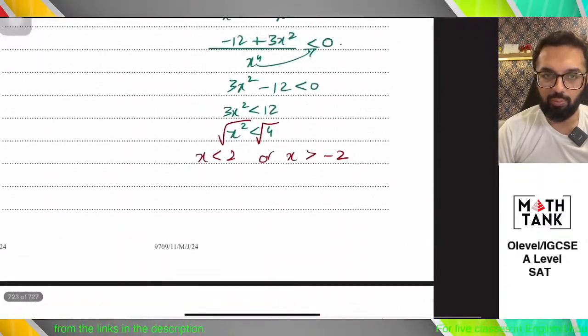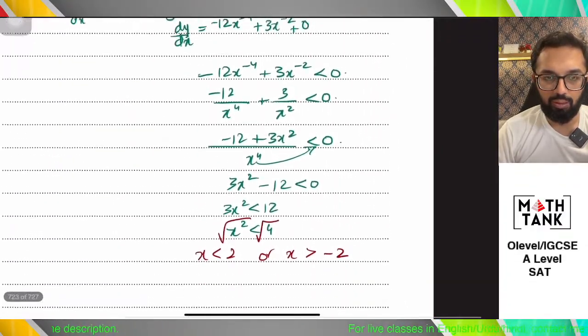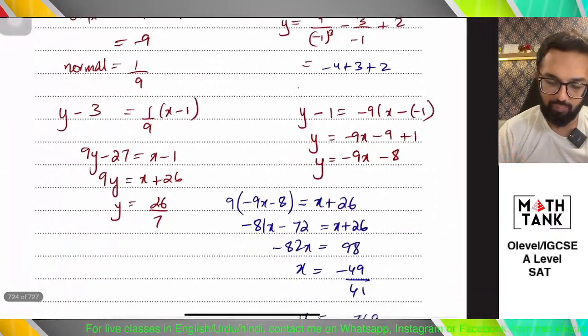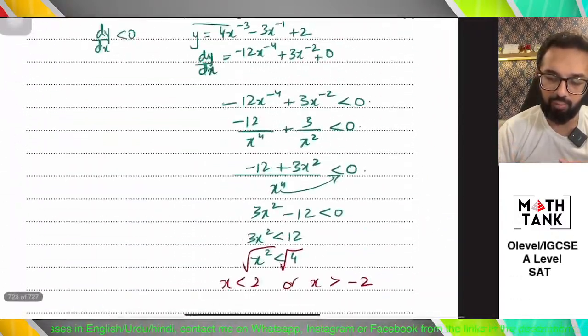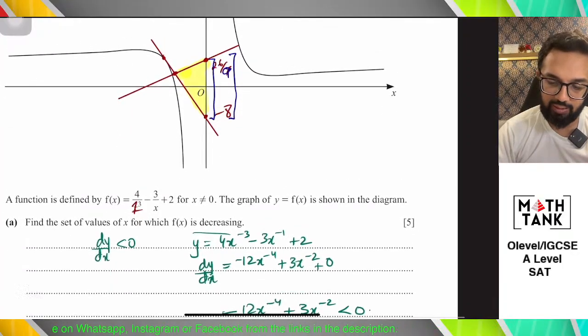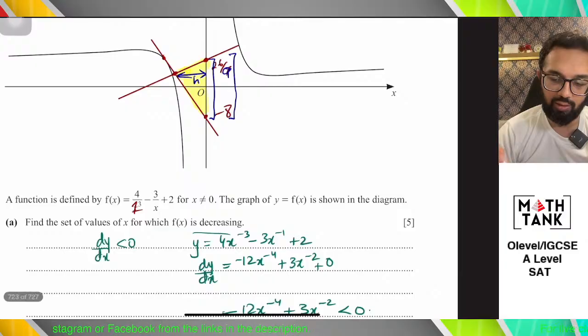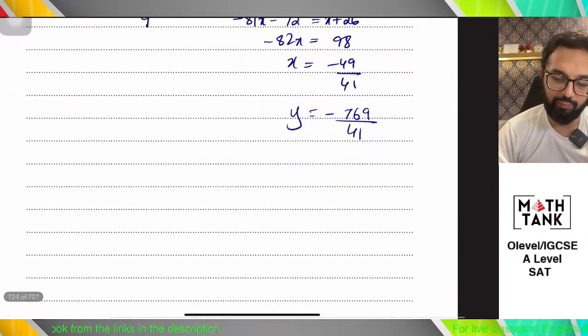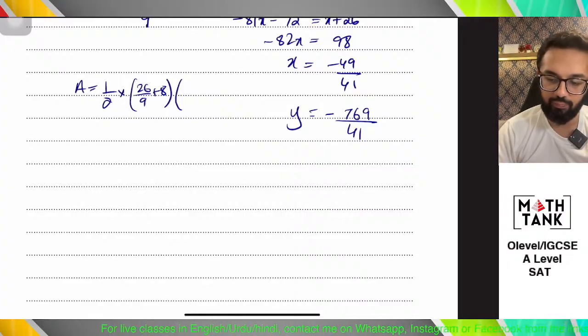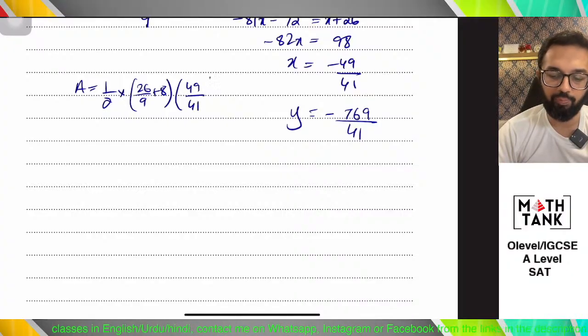Now the area is going to be something like this. It's 26 over 9 up to minus 8, that's your base, and your height of the triangle is 49 over 41. So half times base, which is 26 over 9 plus 8, times height 49 over 41.